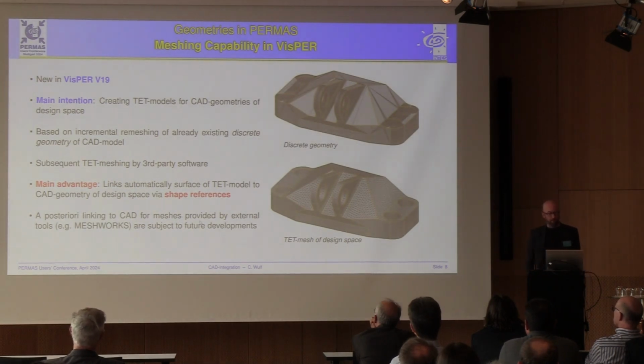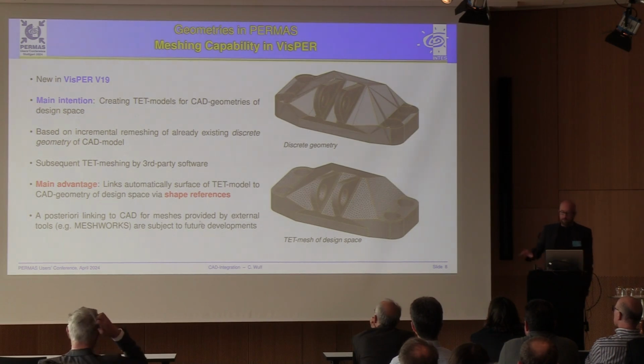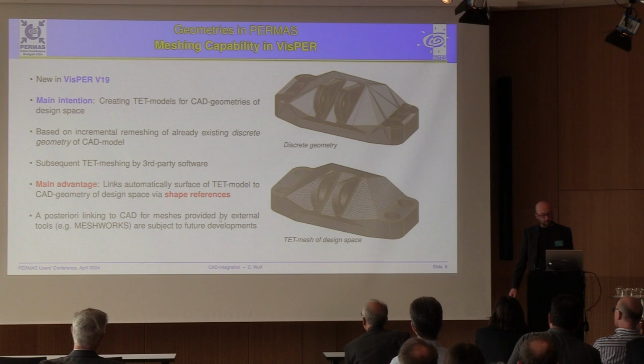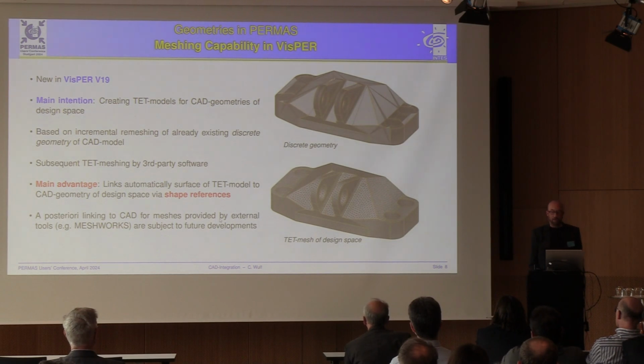Also, a new option in VisPER version 19 was the first meshing capability we introduced in VisPER. I don't want to go into details about this because I already told you maybe 2 years ago. The main intention was that we want to be able to create FE models of CAD geometries of design spaces for topology optimization. The main advantage of doing this directly in VisPER is that, with our own implementation of a meshing algorithm, we can automatically link the FE model to the CAD geometry of the design space via the already mentioned shape references.